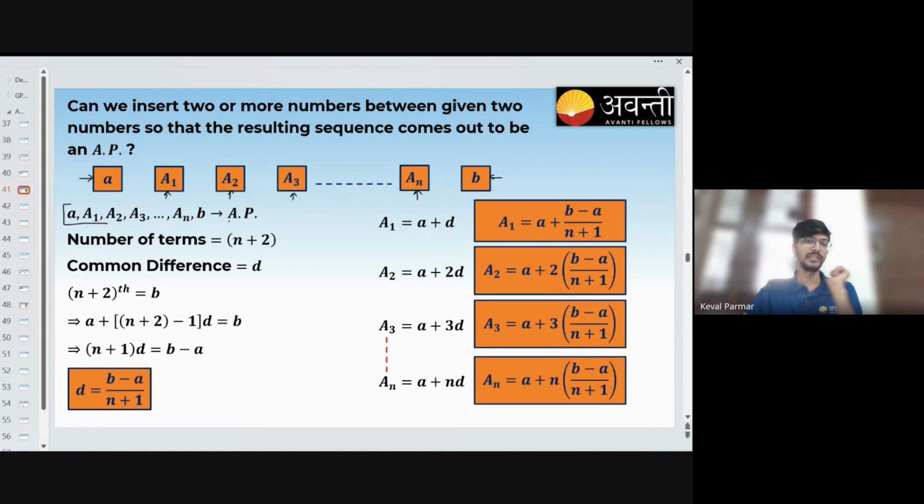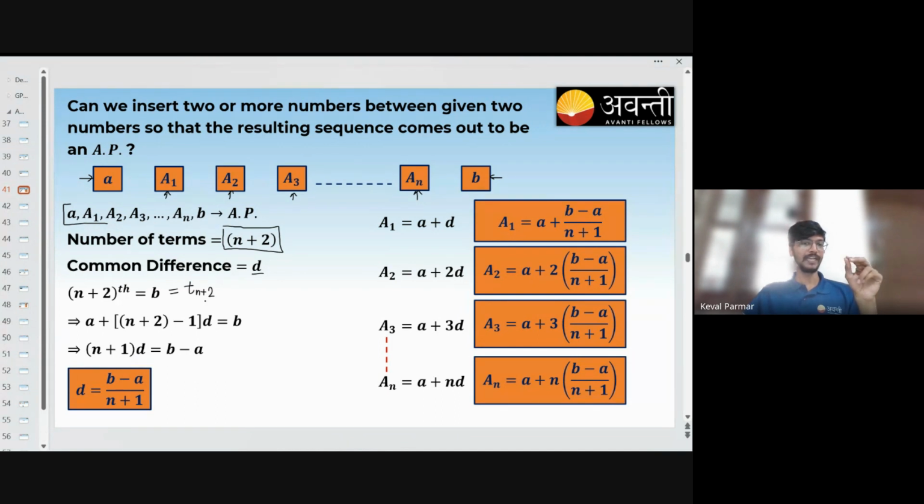Please note an important point: the number of terms is n plus 2. Why? Because I have inserted n arithmetic means plus A and B. Obviously, let the common difference be D. That means the (n plus 2)th term, Tn+2, will be equal to B.